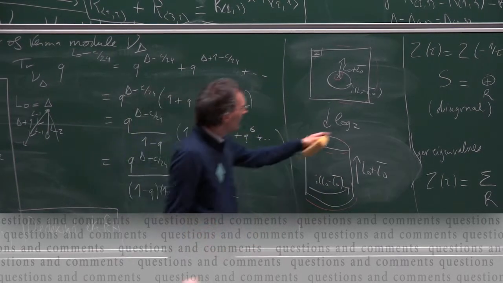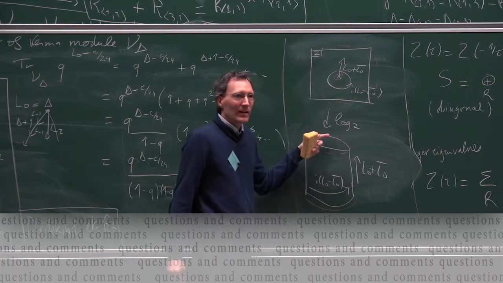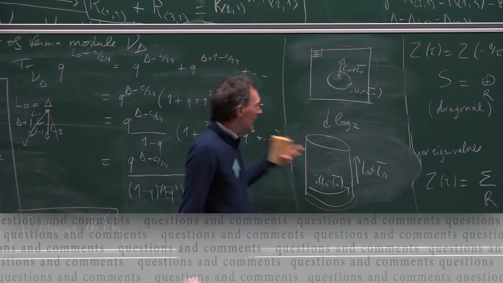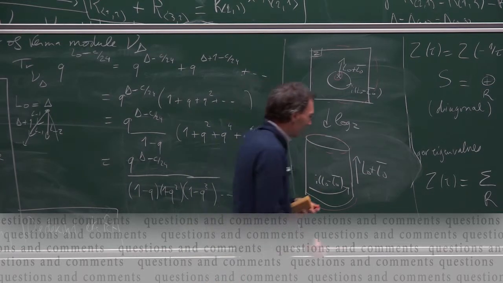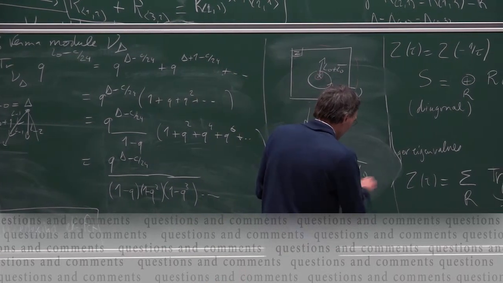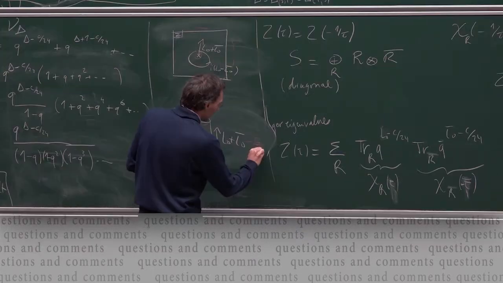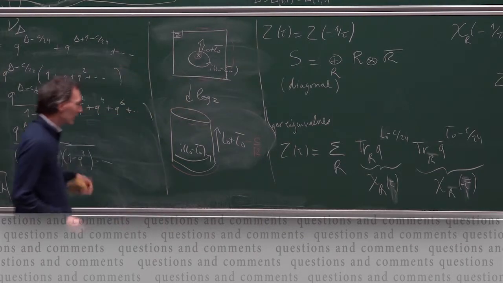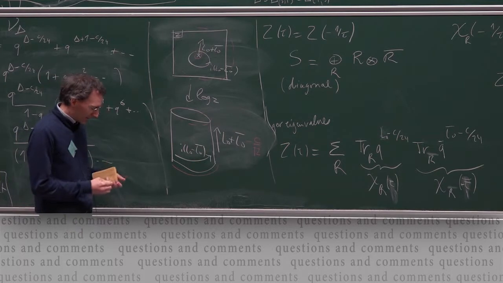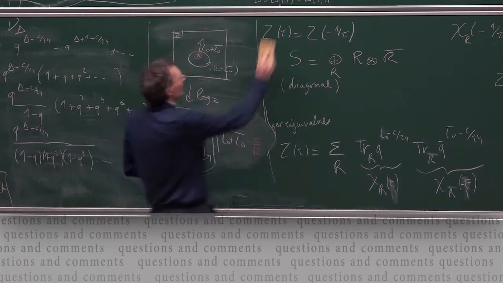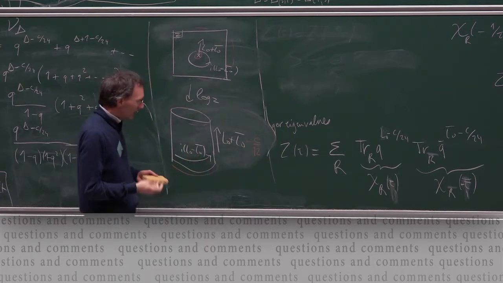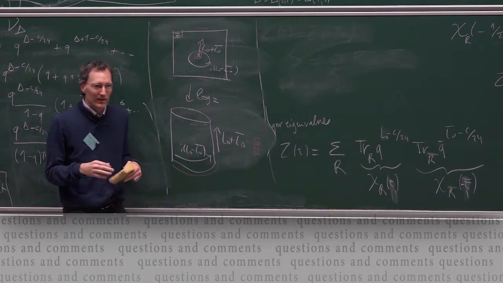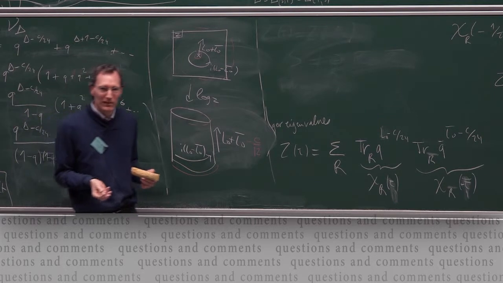However, this is a non-trivial conformal transformation, and L0 transforms non-trivially. It picks up a term minus C over 12 here. So why is C appearing? The reason is that the conformal transformation of L0 is determined by how it interacts with the energy momentum tensor.